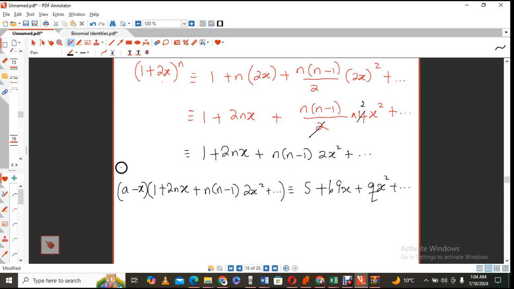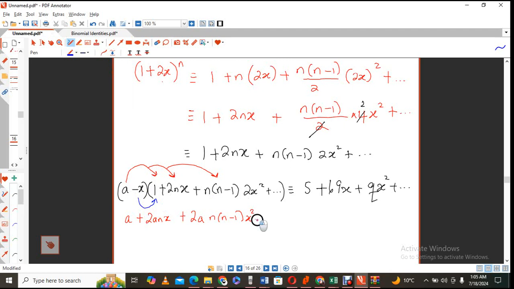But let us multiply out. Let's multiply the a with everything. Multiplying a with the 1 gives us a. Multiplying a with the next term gives plus 2anx. Multiplying a with the last term gives plus 2a times (n minus 1) x squared. Now I do the same with the minus x.